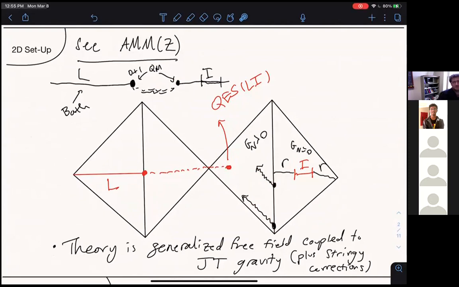Sorry, a quick question. Yeah. So this perturbation on the quantum dot on the right side, you're just drawing how it propagates into the bulk, but it will propagate to the right path as well, right? But for simplicity, we're going to assume that the bulk theory is basically like a generalized free field coupled to JT gravity, a generalized free CFT basically.